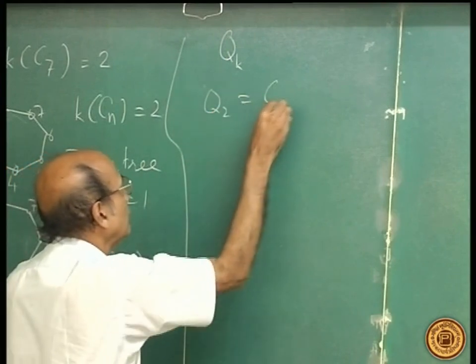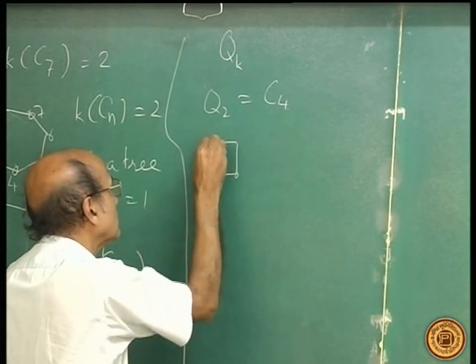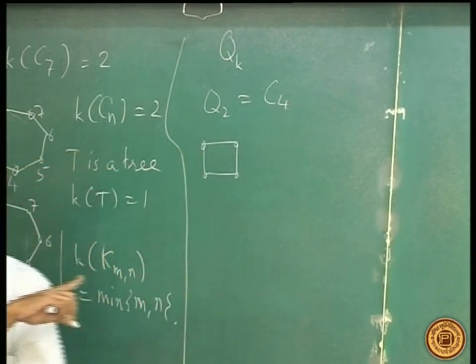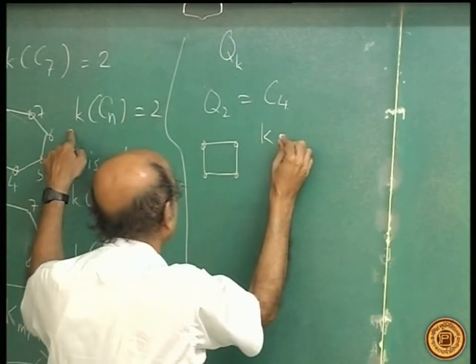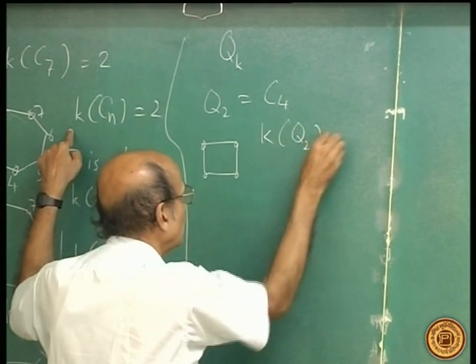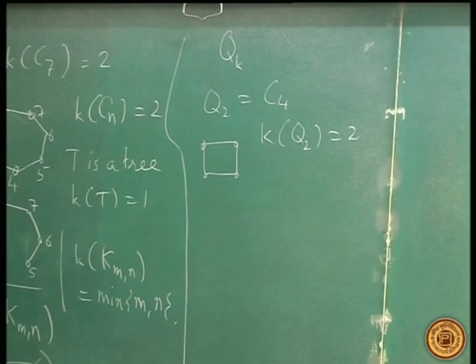Q2 as such is equal to C4. Connectivity of Q2, as we just saw, is 2. So we expect that connectivity of Q3 should be equal to 3. Okay? How do we see that?